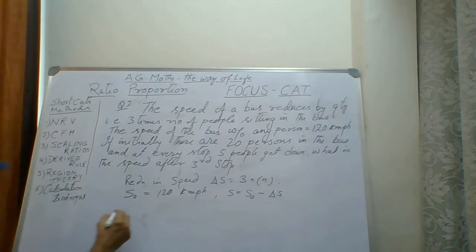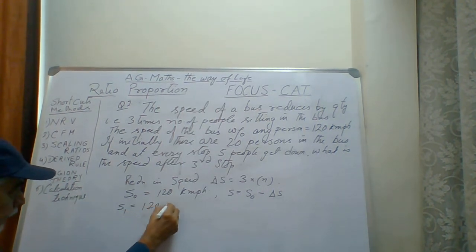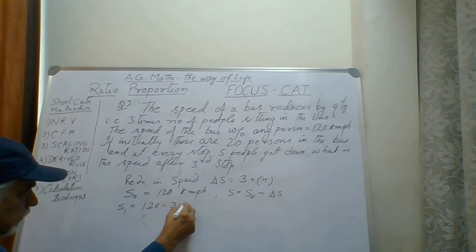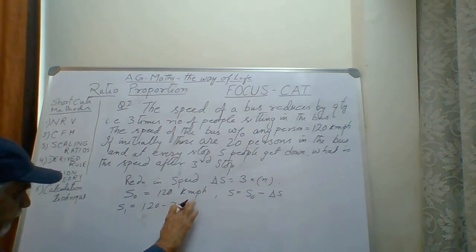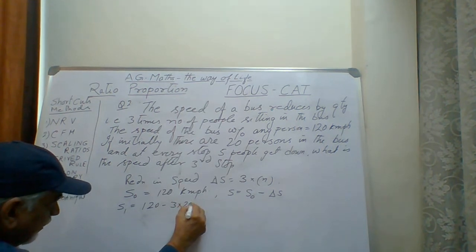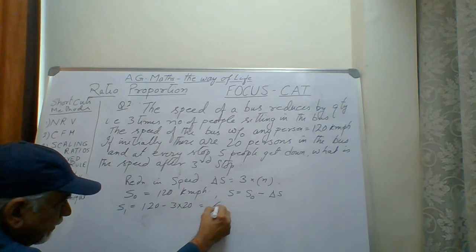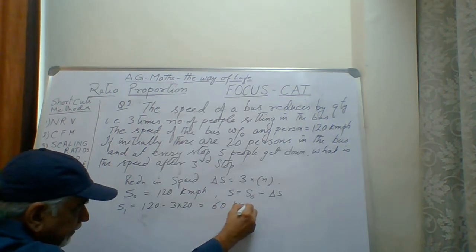So after the first stop, if the speed is S1, then it is 120 minus 3 into 20. 20 were the number of people traveling, no? So it is 120 minus 60, which is 60 kmph.